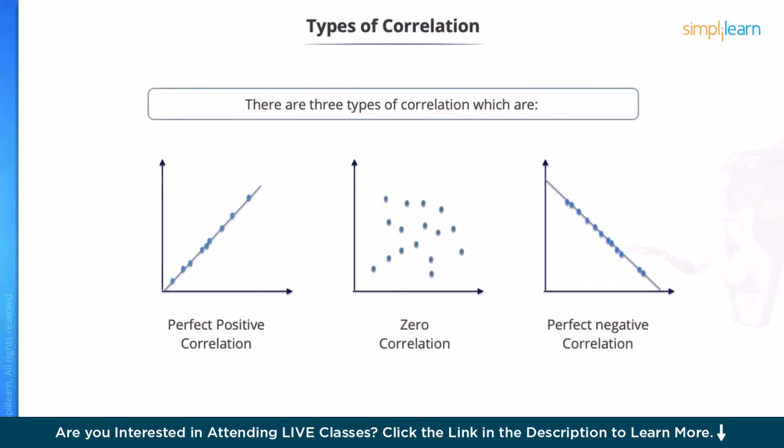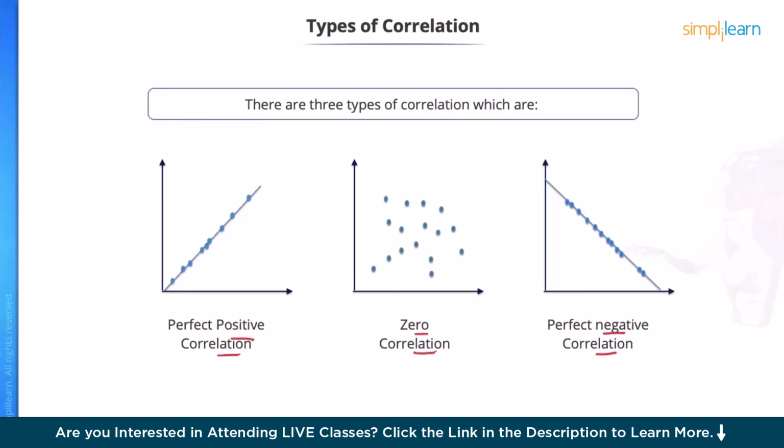Types of correlation. Correlation can be either a positive correlation, zero correlation, or a negative correlation. The first picture over here represents a perfect positive correlation, wherein a straight line with a positive slope represents the relationship between the two variables.